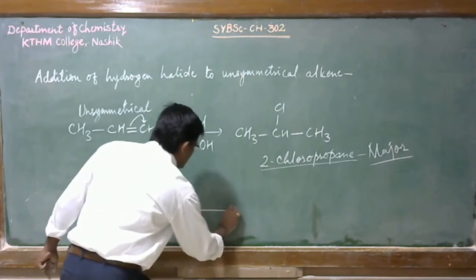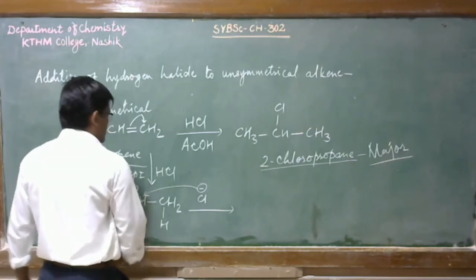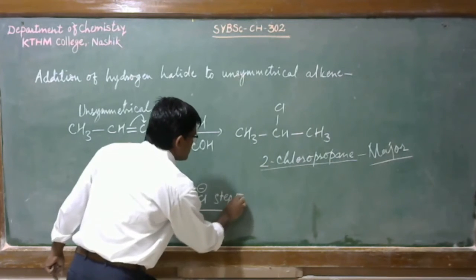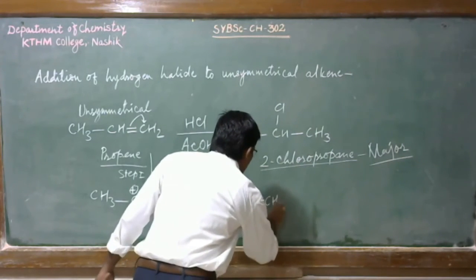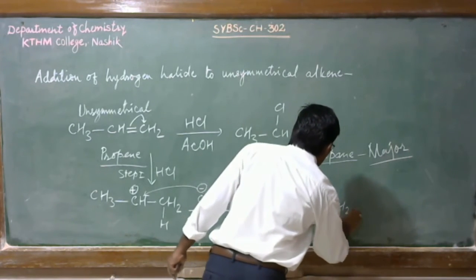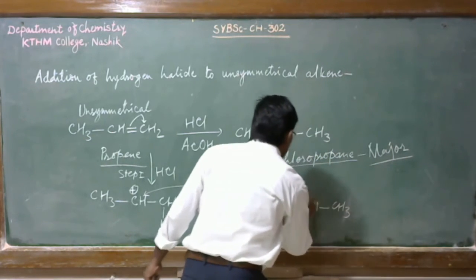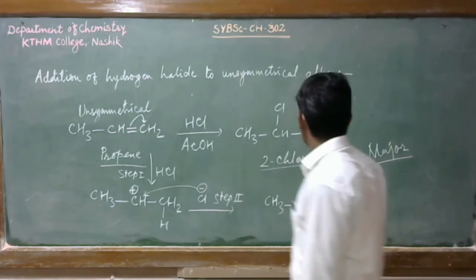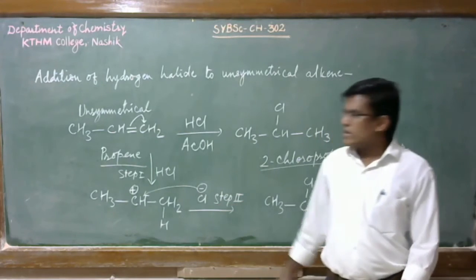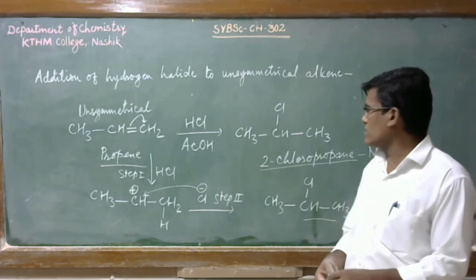In the second step, we have the chloride ion, so it will get attached. This is step 2. So we can get this final product. This is in line with the Markovnikov rule.